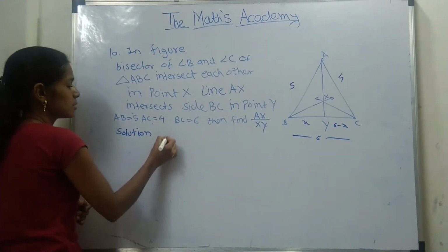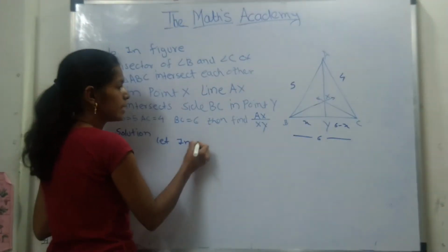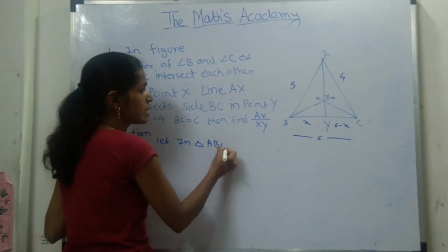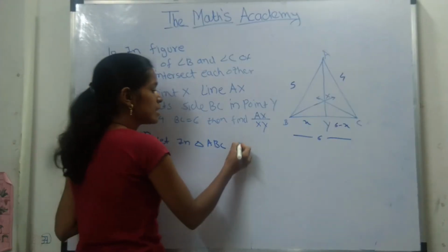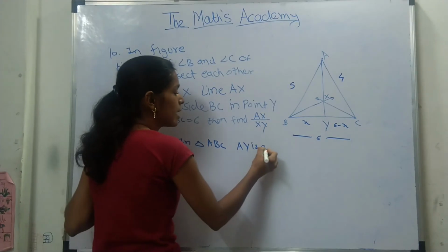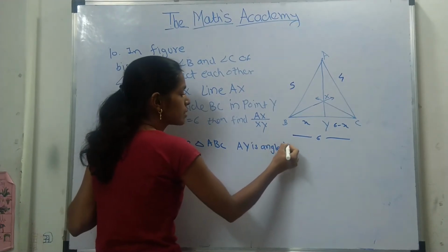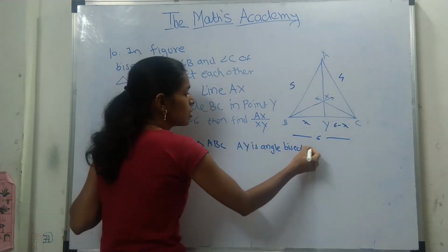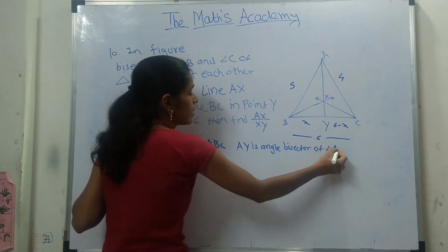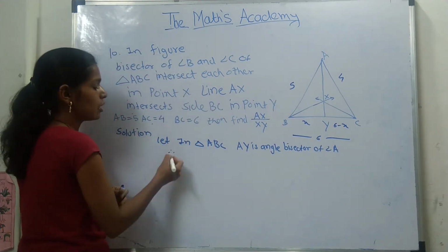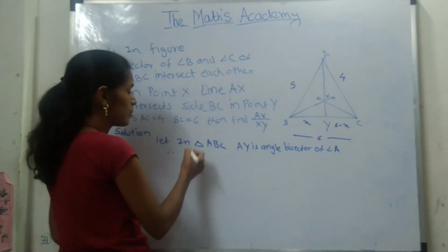Let in triangle ABC, AY is the angle bisector of angle A. Therefore, what will we get here?